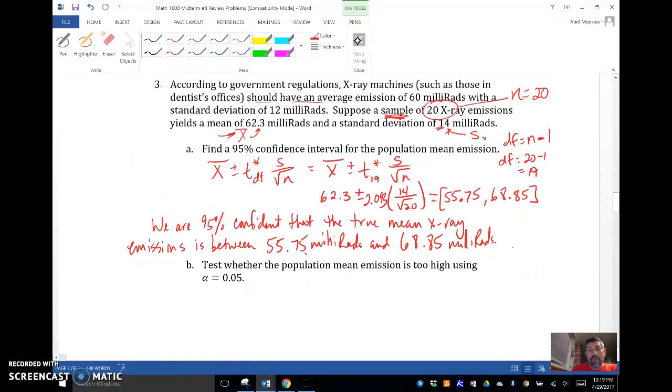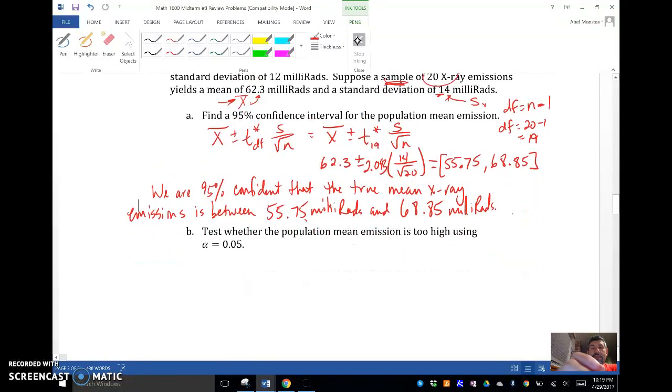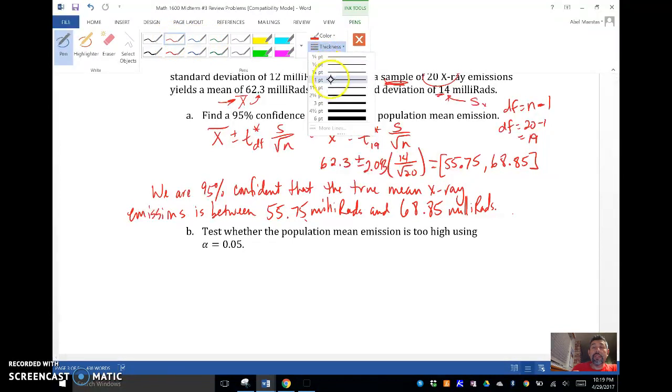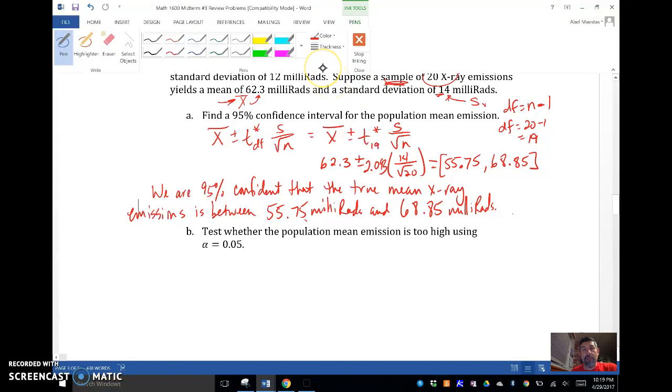Okay, so now we're going to do our hypothesis test to see if the population mean is too high. Too high meaning it's over 60, right? Because that's what the government says it should be. So my null hypothesis is that mu X-ray is equal to 60, which is what we want it to be.